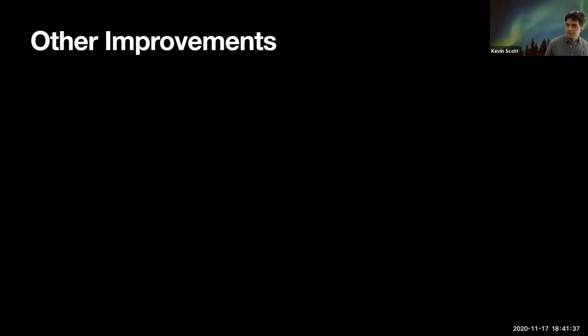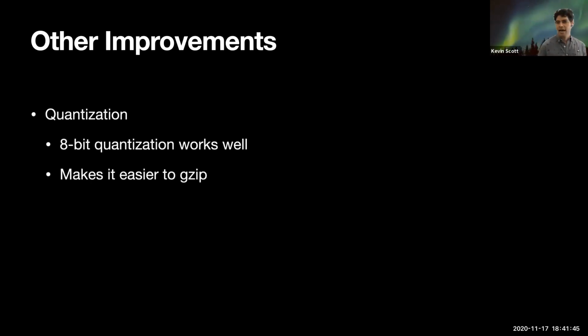There are some other improvements that I'm looking to get into this tool. At the beginning, I touched on quantization. I think this is something that I'm applying to all the models that are in this tool. Quantization is a little bit like MP3 compression.